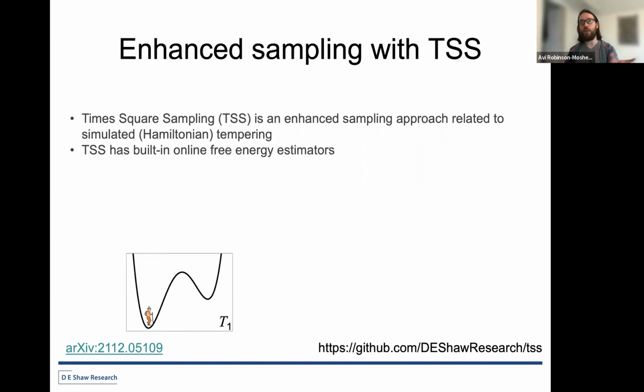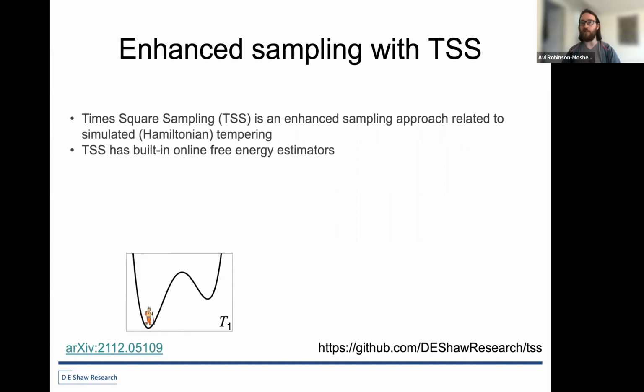To talk a little bit about how this might be of interest to the kinds of things you might want to run here, let's say you've got a system that is coarsely described by this free energy landscape in the bottom left, where you've got the little guy walking around in the low free energy well down there. You might be interested in exploring both of these metastable states, but you've got a high energy barrier between them.